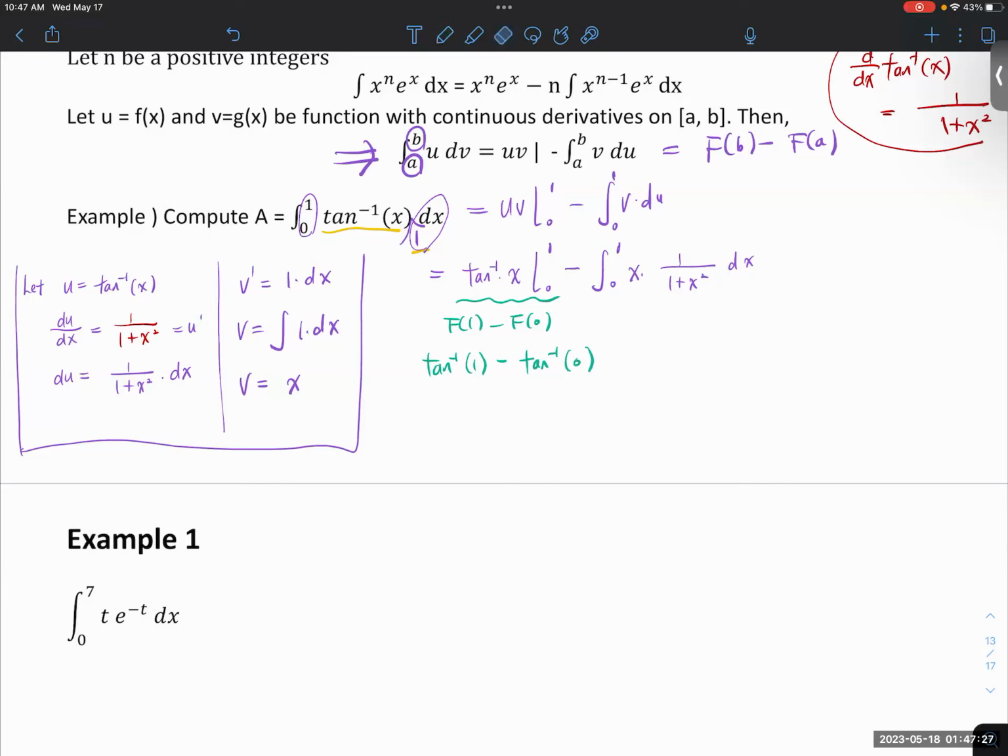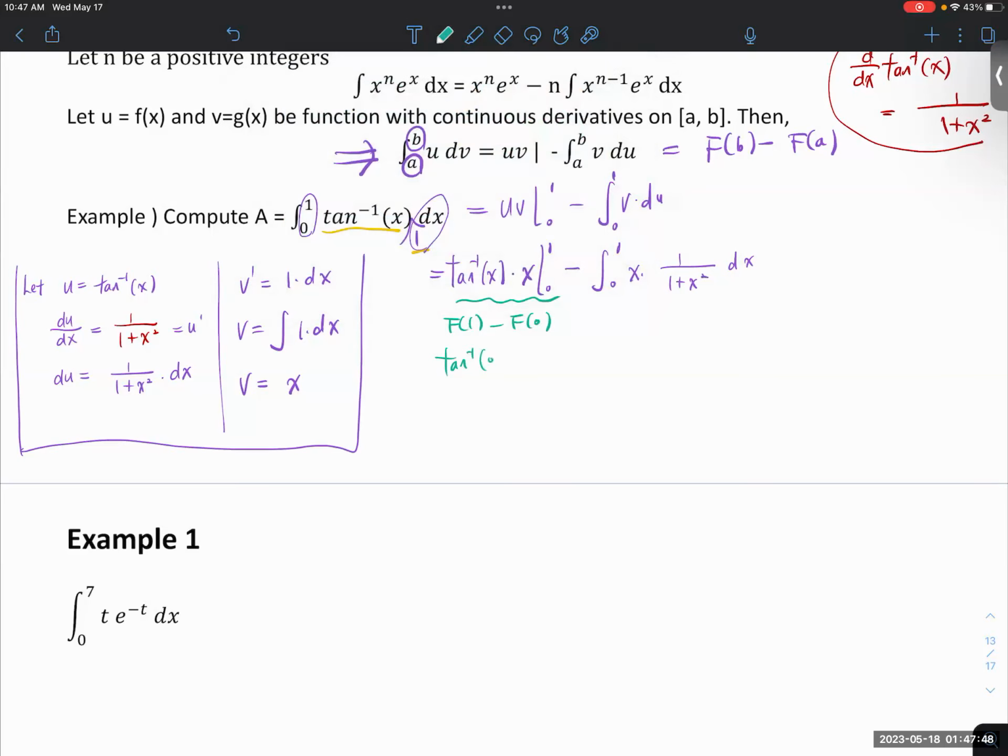Oh, actually, I forgot the x. So let me rewrite it. u is a tangent inverse x, and v was x. So we have tangent inverse x times x.